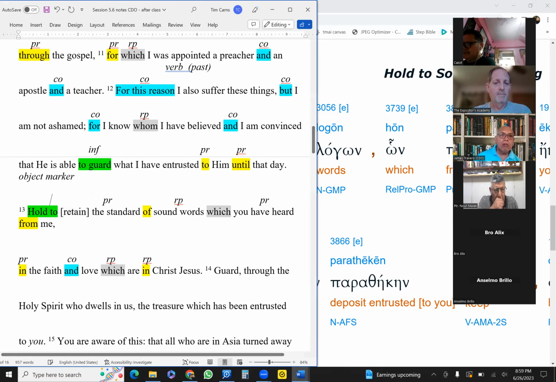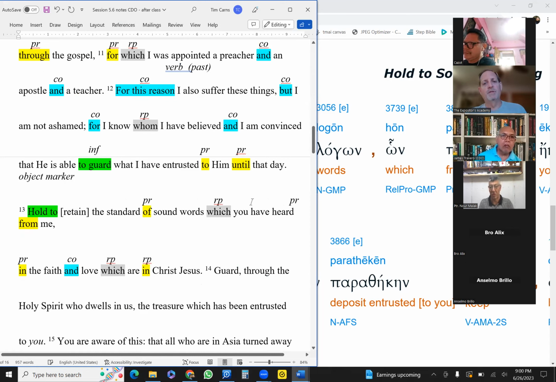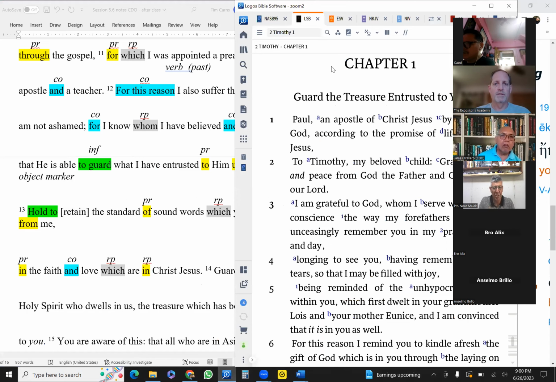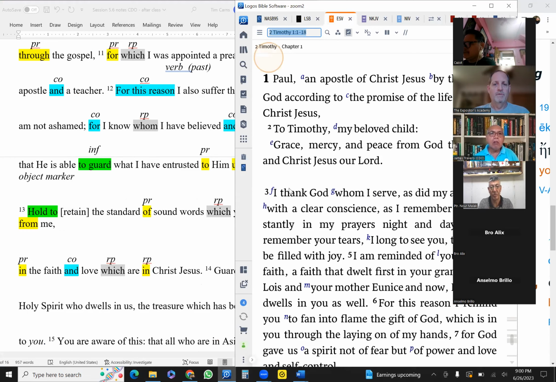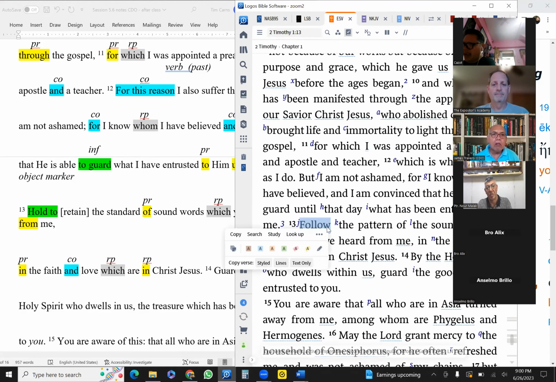But some translations will use these prepositional verbs. So I'll just show you the translations here. The ESV, verse 13, notice it says follow. It doesn't have hold to in this case. It just says follow. That's a legitimate translation.